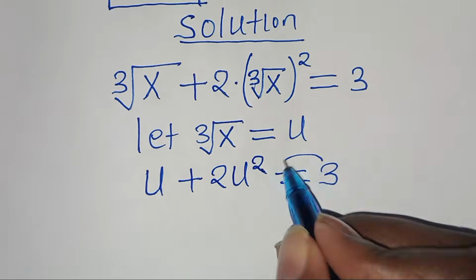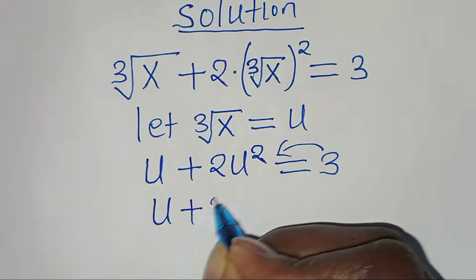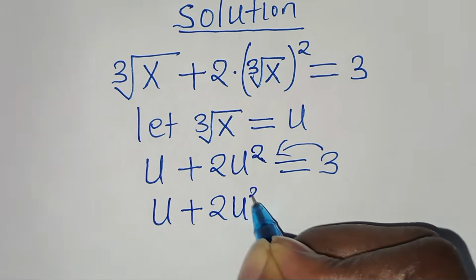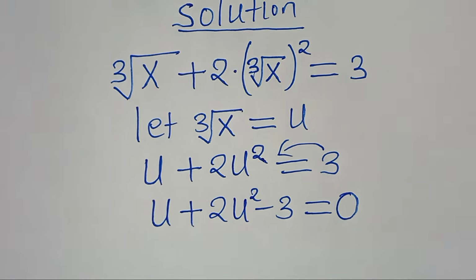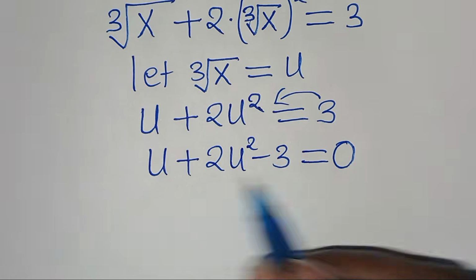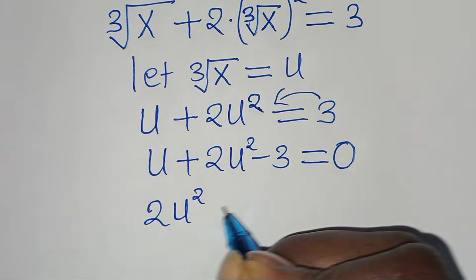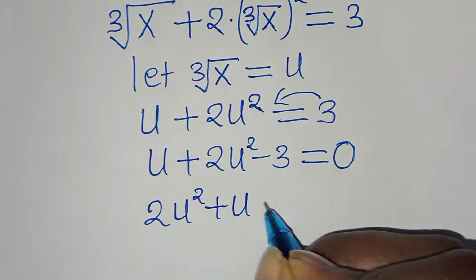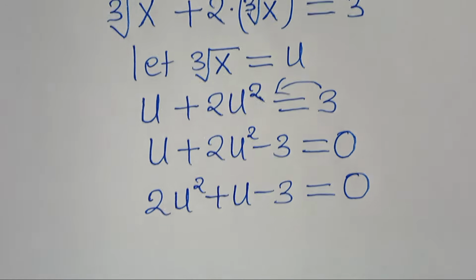So let's take 3 to the left hand side so that we have u plus 2u squared minus 3 equal to 0. Let's rearrange this so that we have 2u squared plus u minus 3 equal to 0.